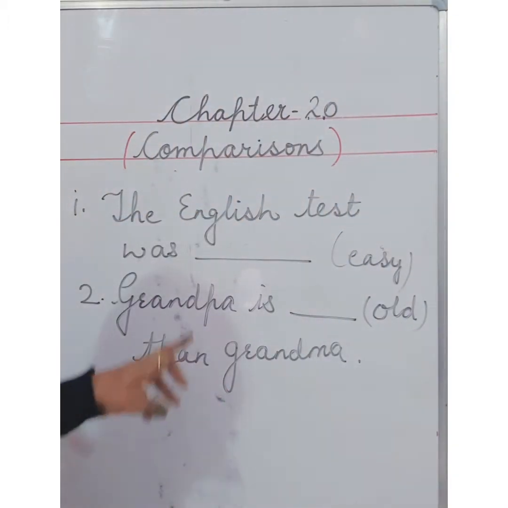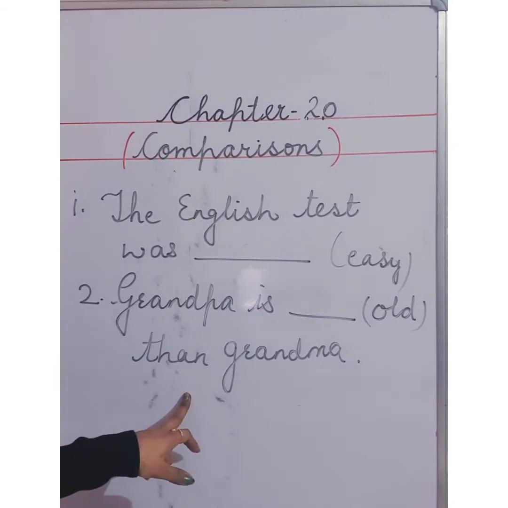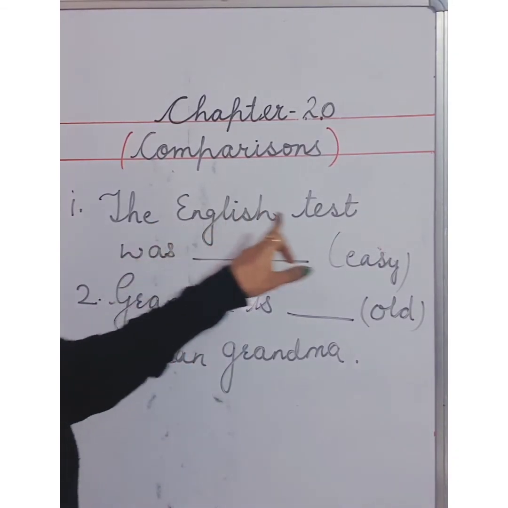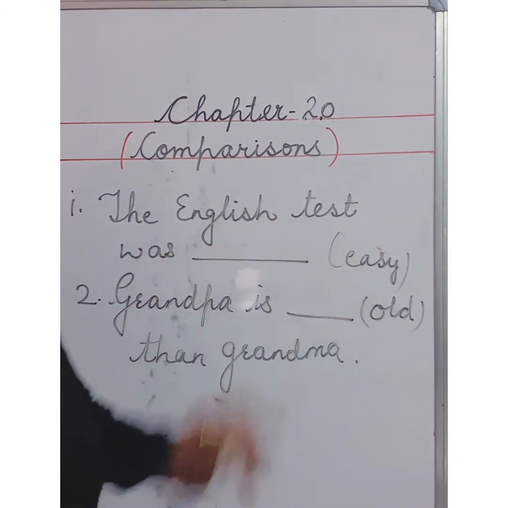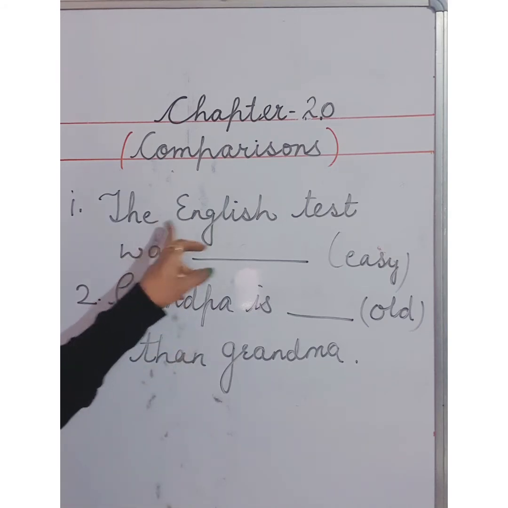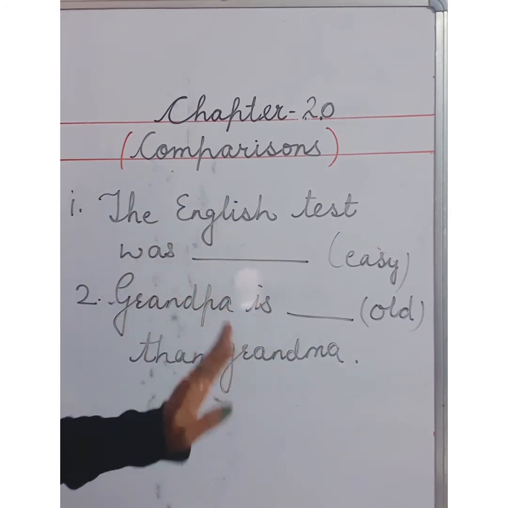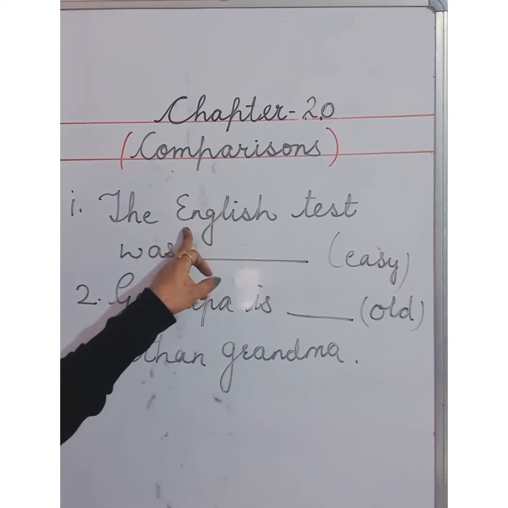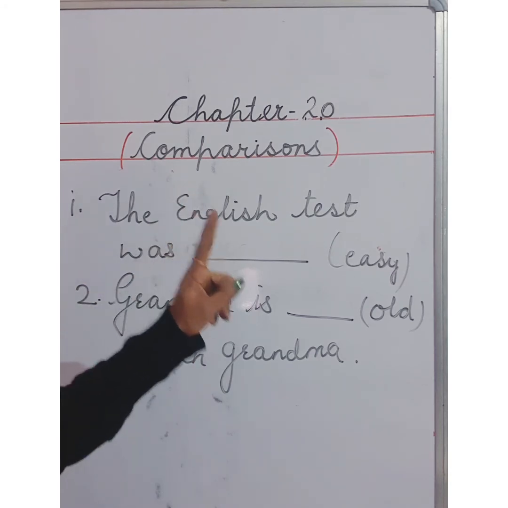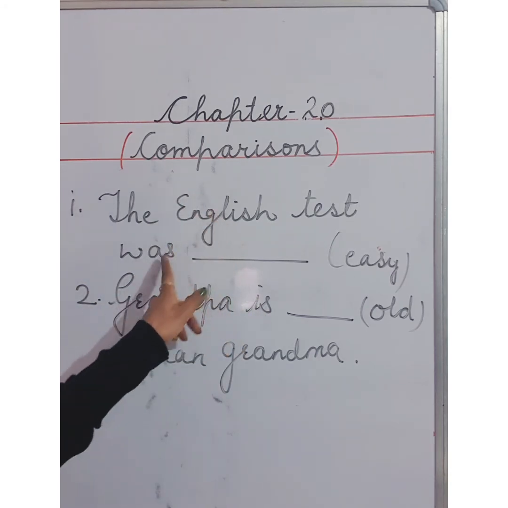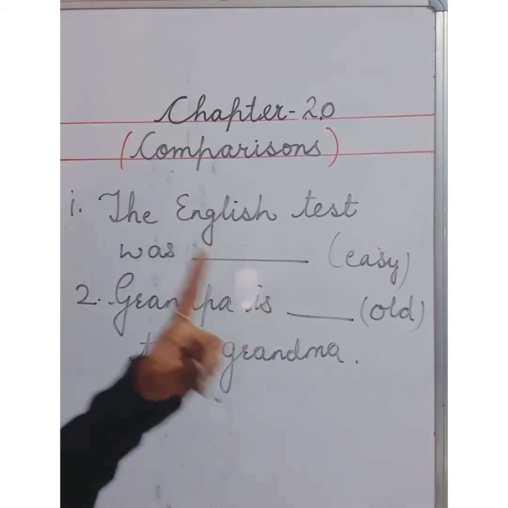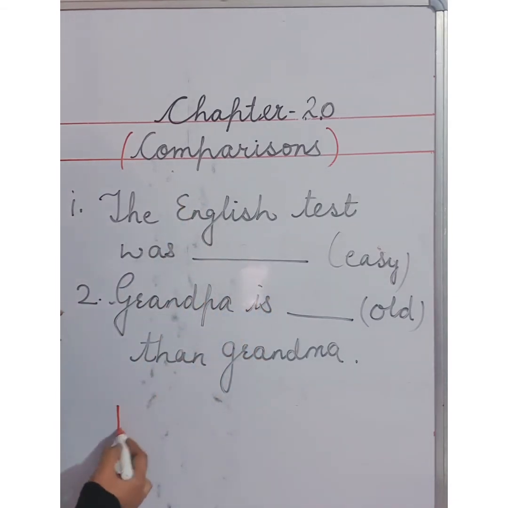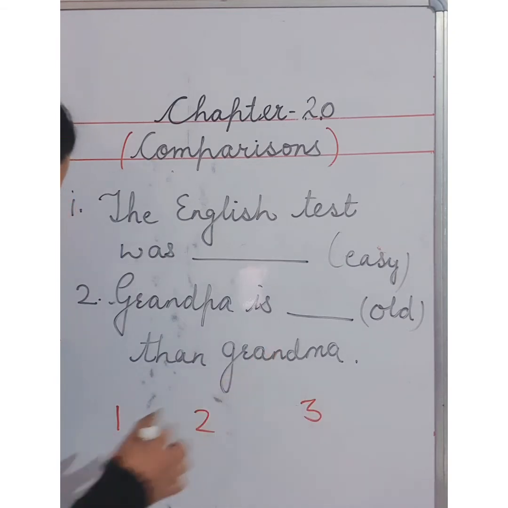Now I have given you these two sentences. Read these sentences. The English test was dash easy. Now here we are talking about the English test. No other test is given here. Means we are talking about only one subject. So when we are talking about one subject, I told you there are 3 degrees, first, second and third. When we are talking about one person, one thing, one noun or one naming word, we use the first degree.